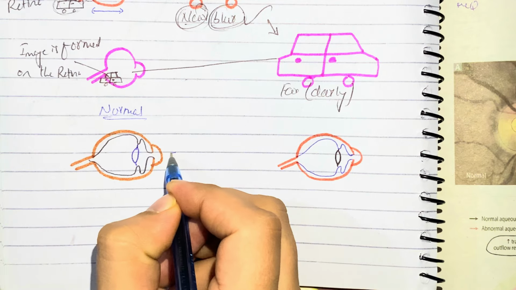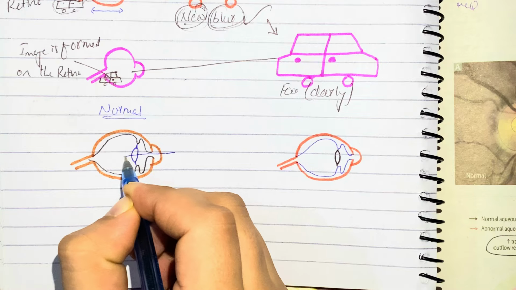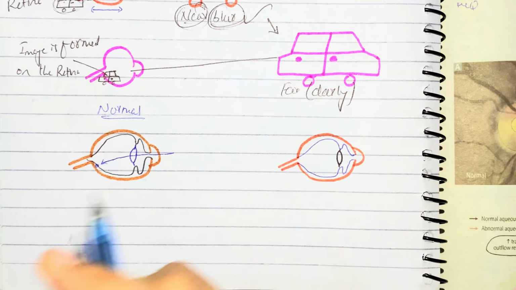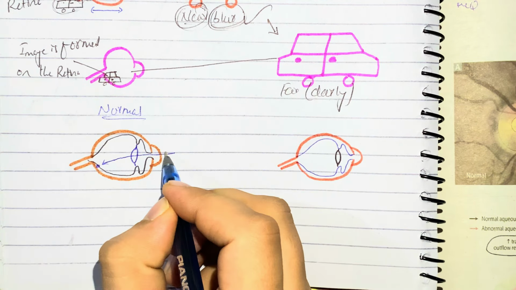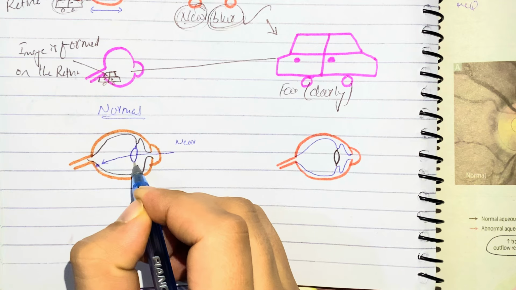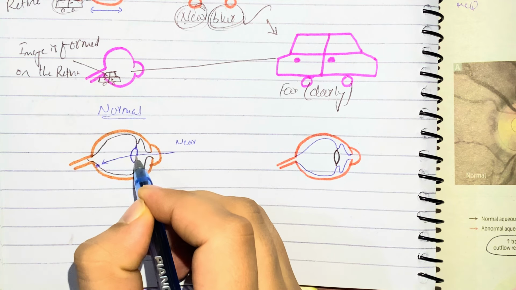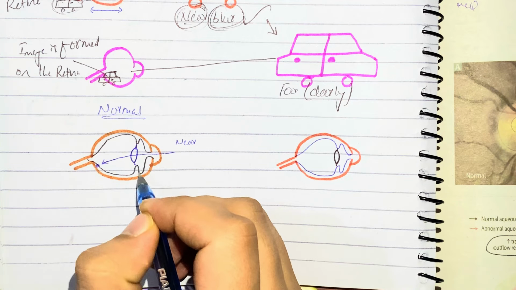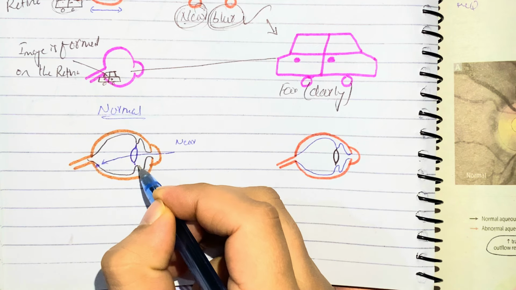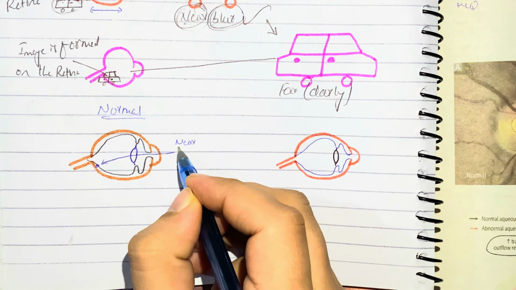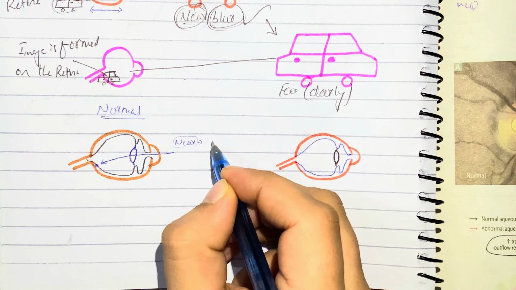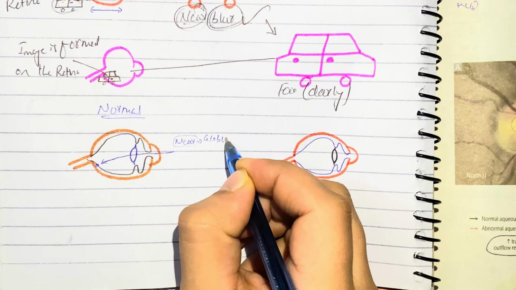When the light energy comes from outside, it will focus here on the retina. Simple. Now what happens in normal people when they look at near objects? This is called the lens, which is attached to the ciliary bodies, and ciliary bodies are obviously a part of the choroid. जैसे ही आप near objects को देखते हो, when you look at near objects, the lens will become globular in shape.